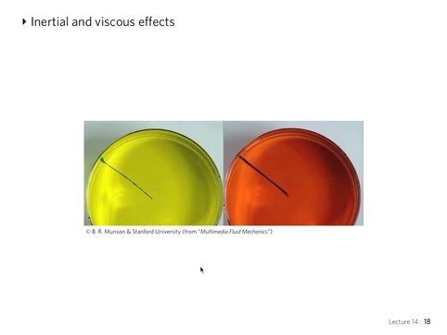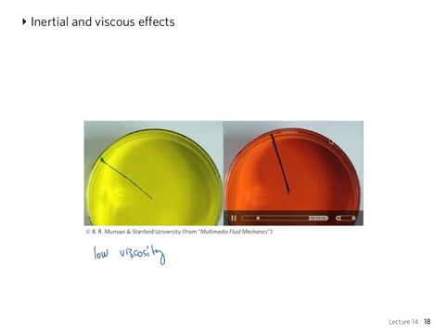Here, in the yellow case, we have a low viscosity fluid. And we have a small ink layer that's been poured on top. And the container is going to start rotating.